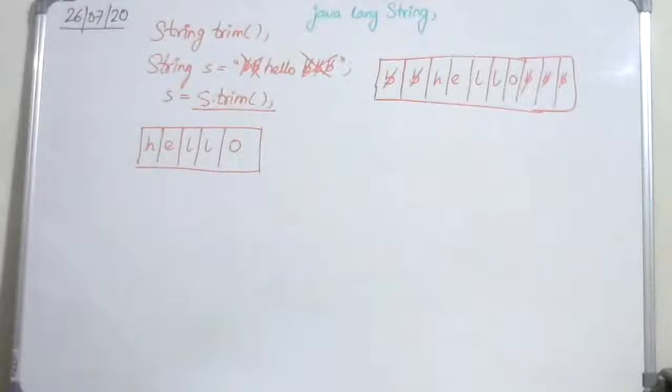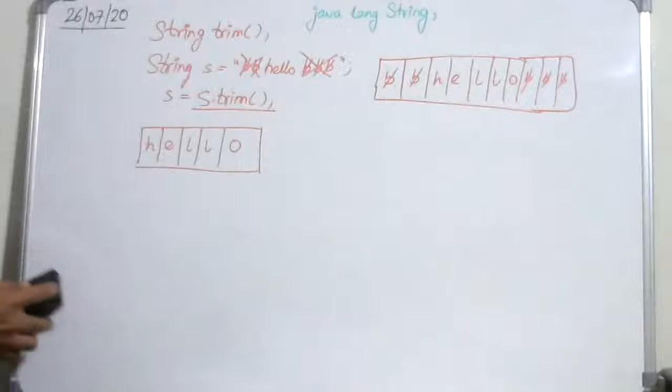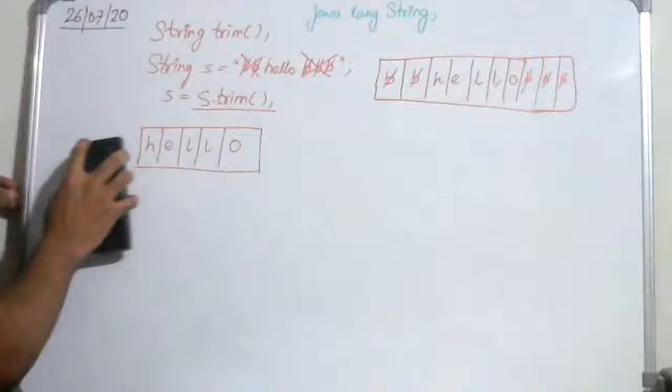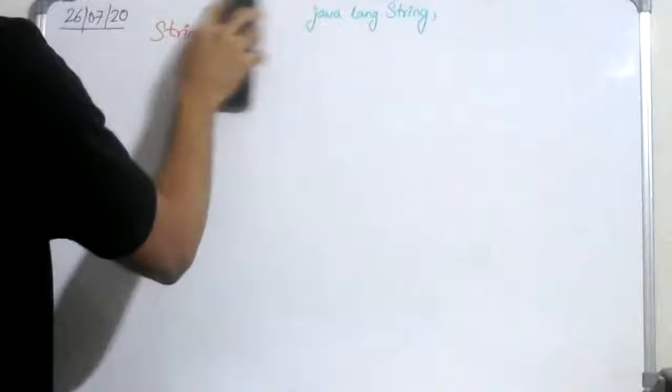So that is the syntax of the trim function. Similarly, the other string functions will also be like this. You have to store the returned value in a variable, otherwise that value is lost.